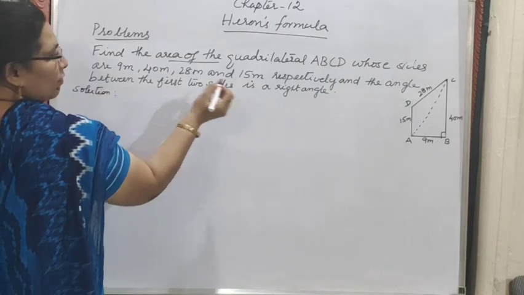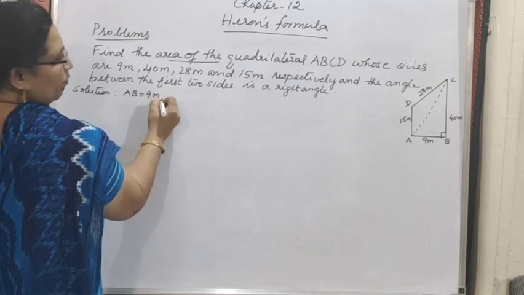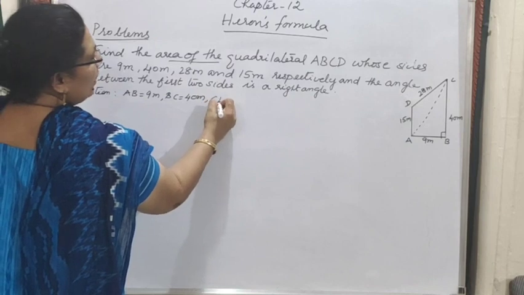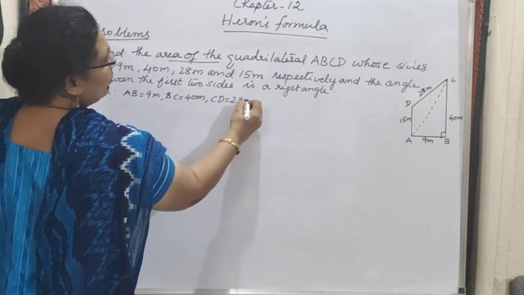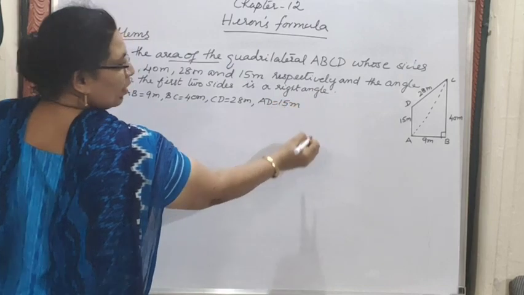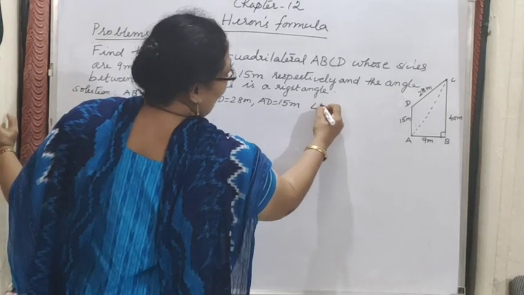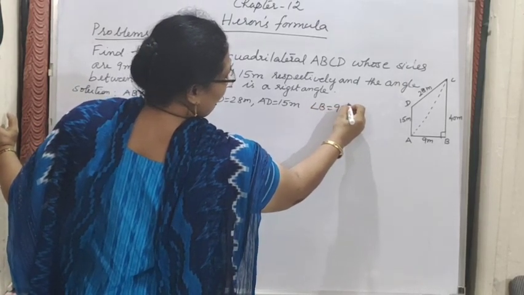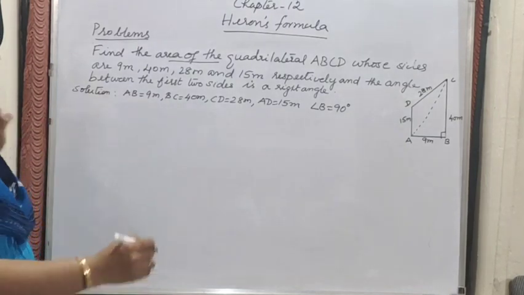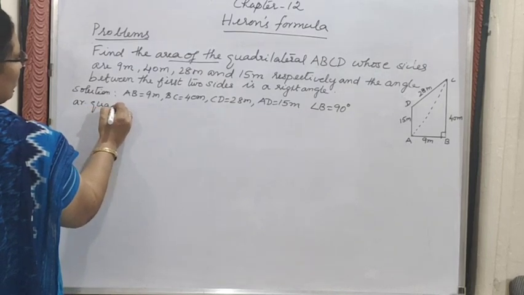According to the diagram, AB equal to 9 meter, BC equal to 40 meter, CD equal to 28 meter and AD equal to 15 meter. Along with that, one more condition: angle B is equal to 90 degree. These are the given part for us. Now what is asked? The area of the quadrilateral ABCD.